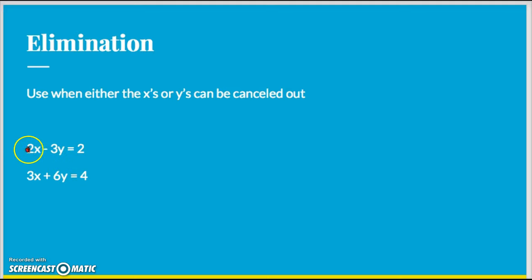Well, in order to make that a 6, I have to multiply the entire equation by 2. So here's what I get. 2 times 2x is 4x. 2 times a negative 3y is negative 6y. And 2 times 2 is 4. The bottom equation, I don't need to change at all.